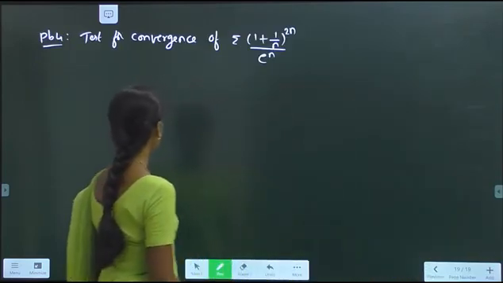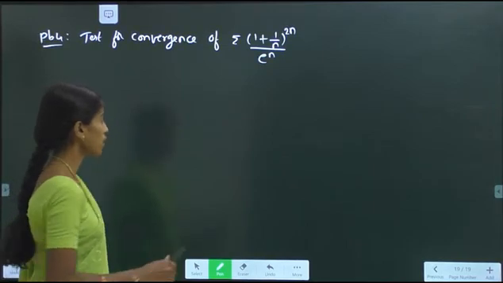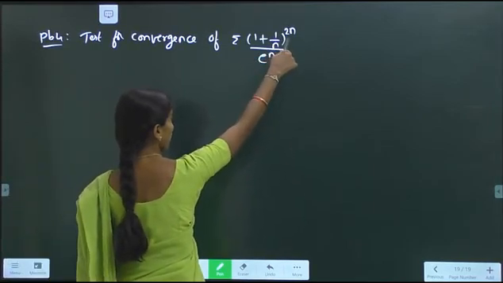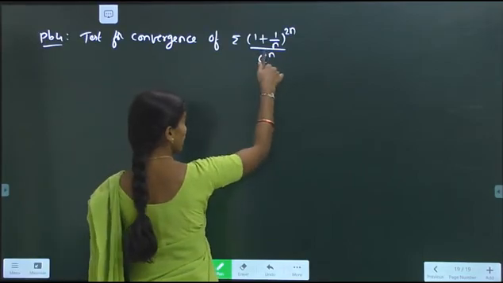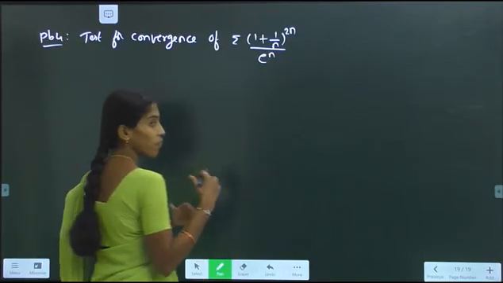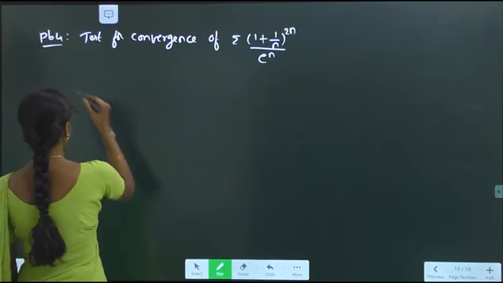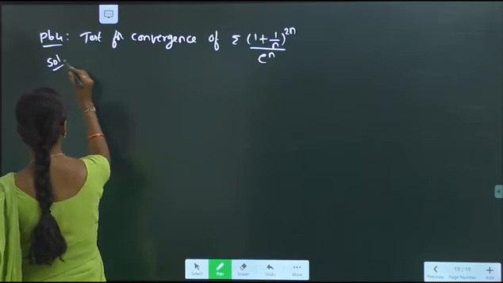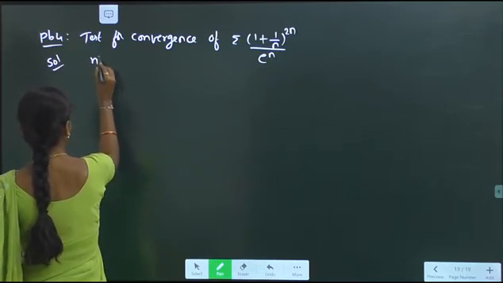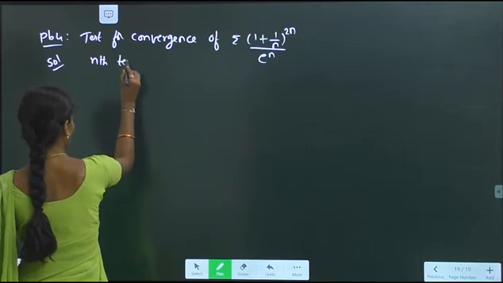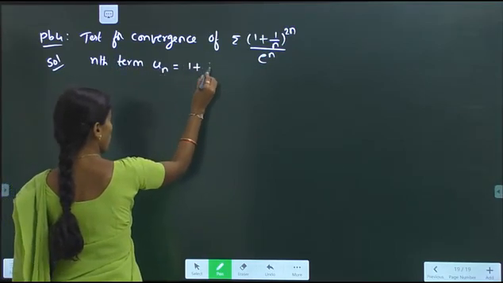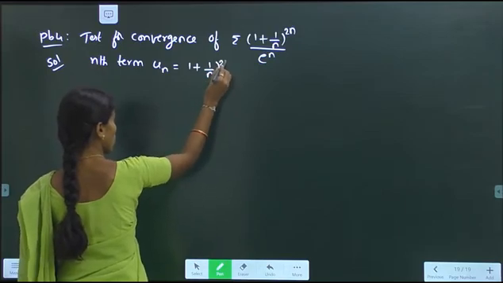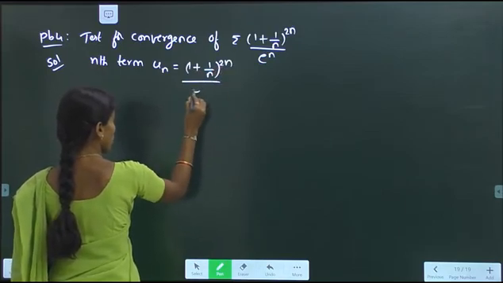So the next one, test for convergence of sigma, that is summation, 1 plus 1 by n whole power 2n by e power n. Both the numerator and denominator are in the form of power n, so we apply Cauchy's nth root test. So here the nth term un is equal to 1 plus 1 by n whole to the power 2n by e to the power n.